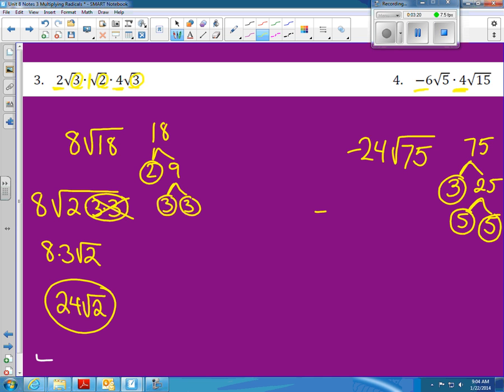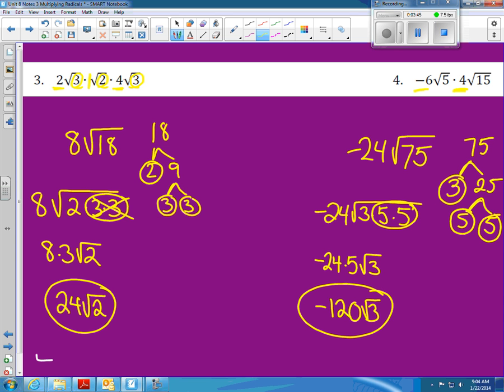All right, so negative 24. Now we're going to put those numbers underneath. 3 times 5 times 5, we're looking for pairs. We're going to pull out one of those 5's, and we leave the 3 underneath. Negative 24 times 5 gives us negative 120 square root of 3.